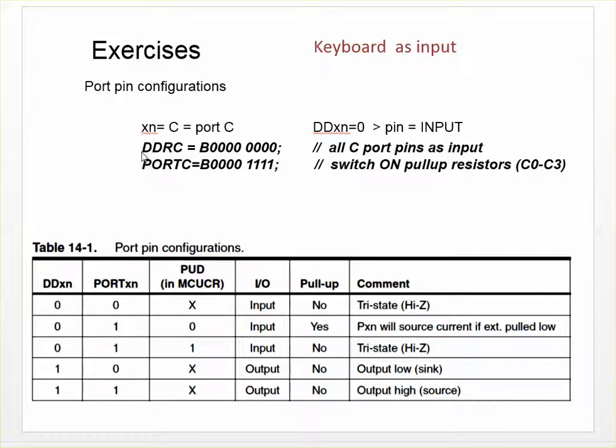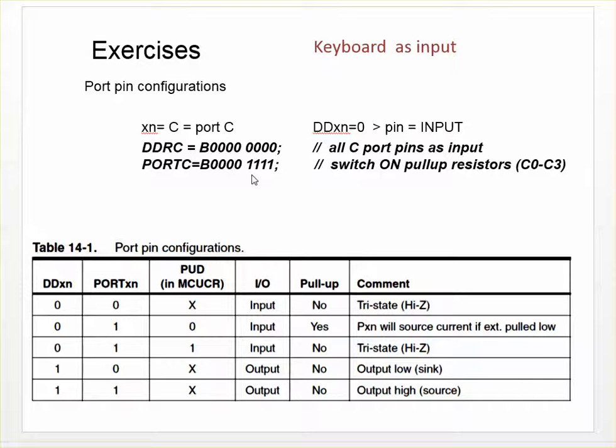And here's an example of how to control this data direction register. It's the same way as earlier, so we will write DDRC as 0, 0, 0, 0, 0, 0, 0, 0. It means that all these 8 bits are 0, so the whole port C is an input port. All pins are input pins.